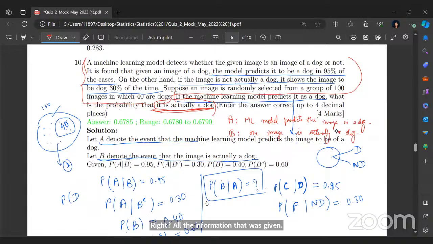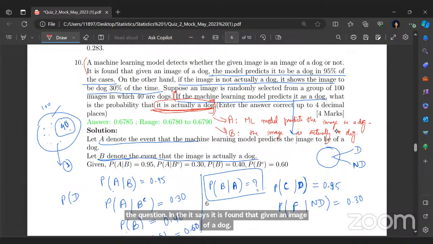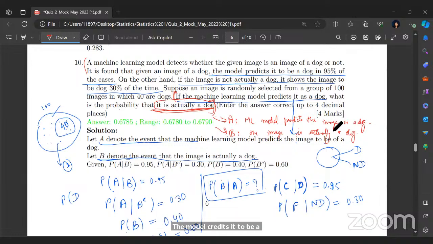Looking at just the last sentence of the question, I defined two events, event A and event B, right? Now, event A, we defined it. Now look at the question. It says it is found that given an image of a dog, the model predicts it to be a dog in 95% of the cases, right?